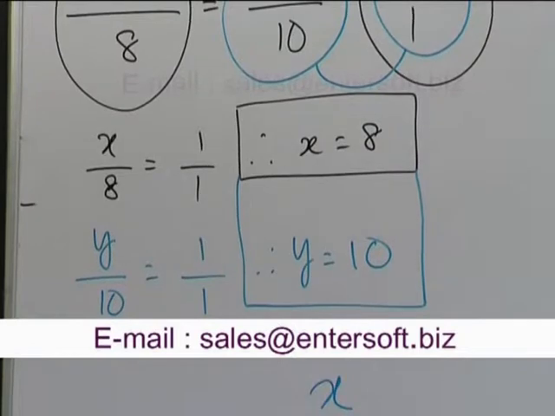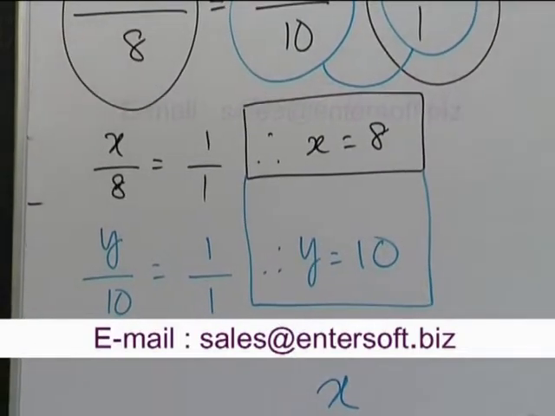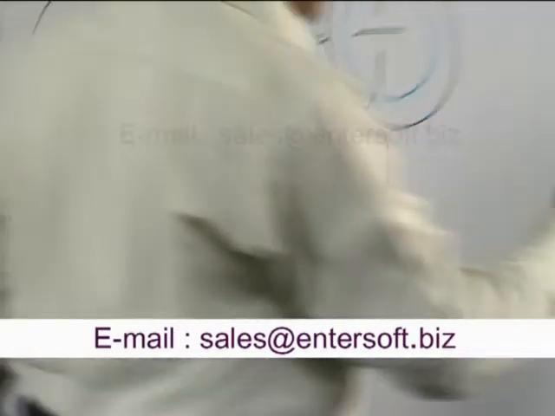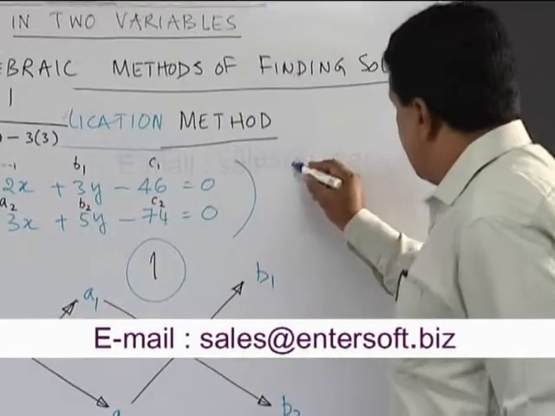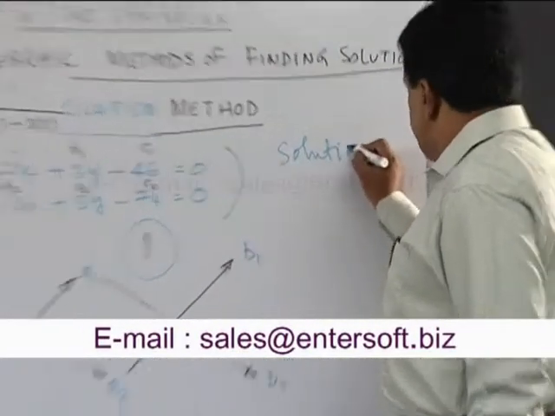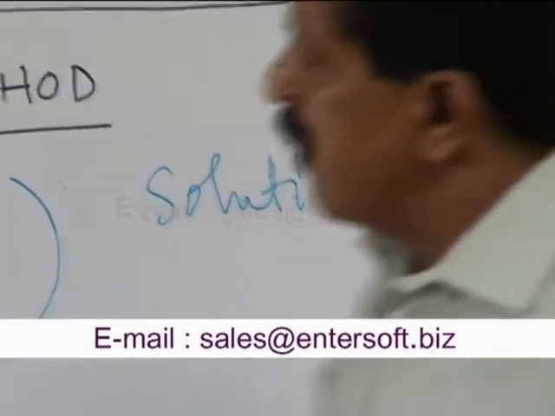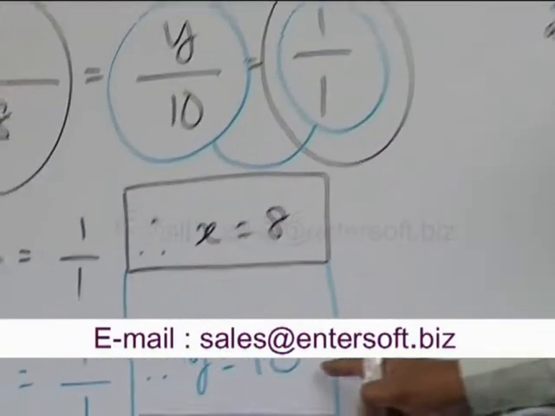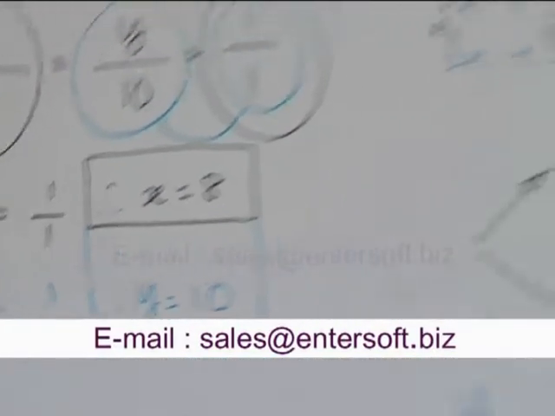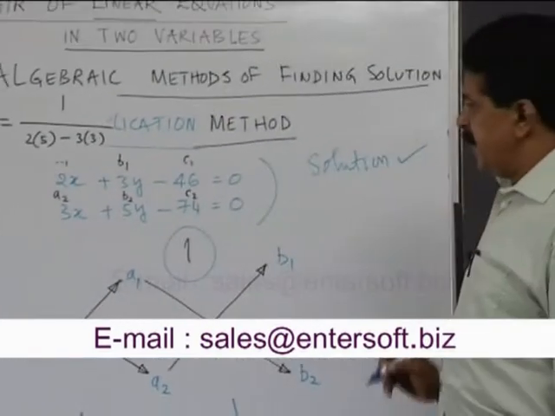Right? So this equation which is given has a unique solution. First, has it got a solution? Yes. How do you say that it is yes? Because you have got specific values of x and y which will satisfy this equation, and therefore this has a solution.